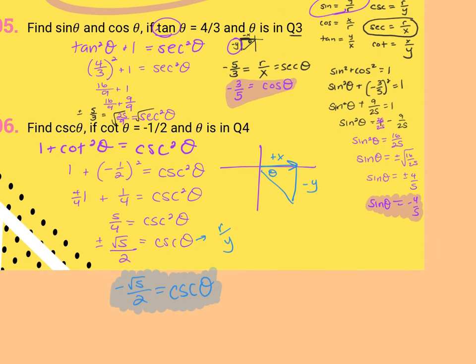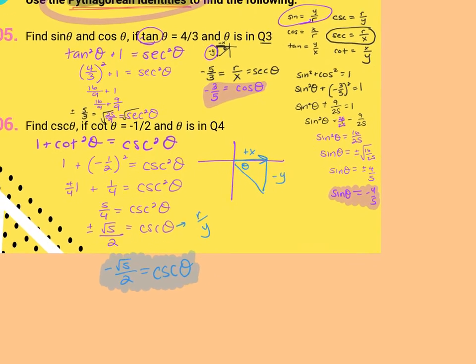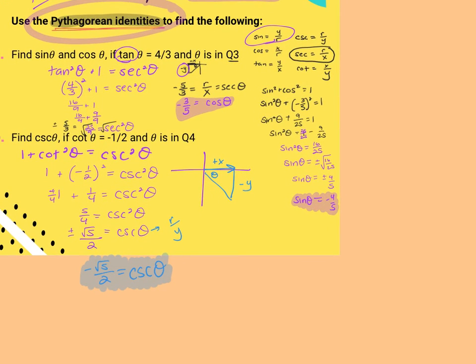I'm going to teach you a shortcut for knowing the signs. It's important to understand why, but this will come back when we do the unit circle, and I think it's so helpful that I'm not holding it out. So in my quadrants, we've got quadrant 1, 2, 3, and 4.